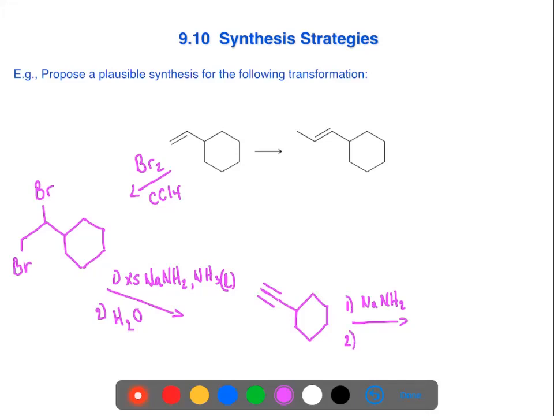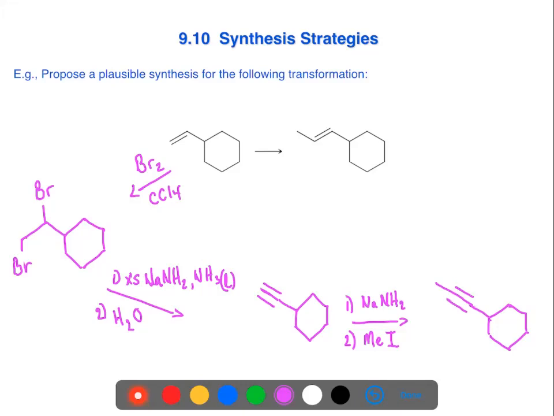Now we only want to add a single carbon, so we only need a CH3 group, so methyl iodide could be used in this scenario. And so that will produce a 3-carbon, so I'm just going to show it like this, a 3-carbon alkynyl substituent.